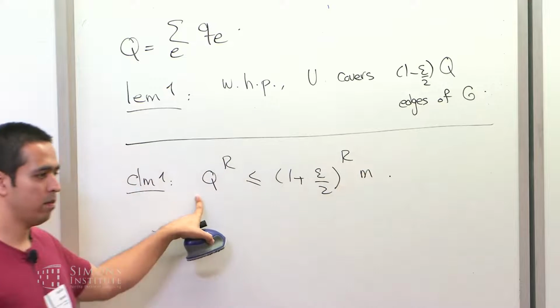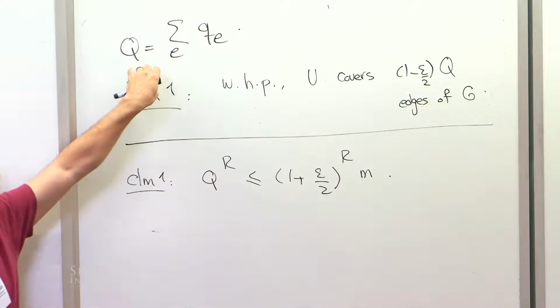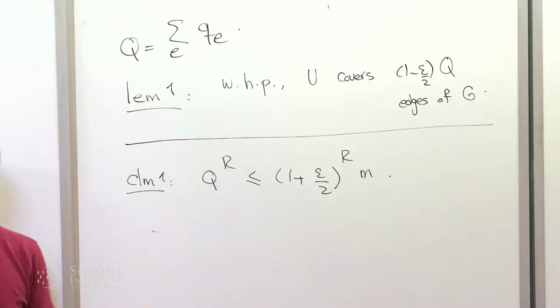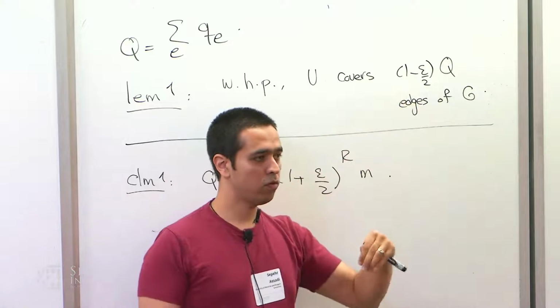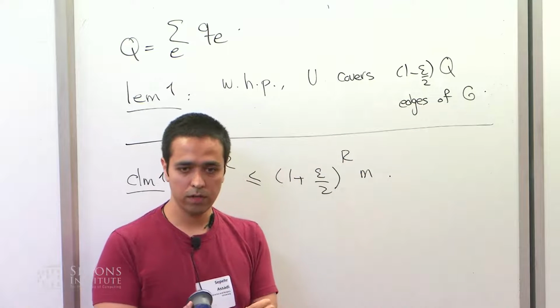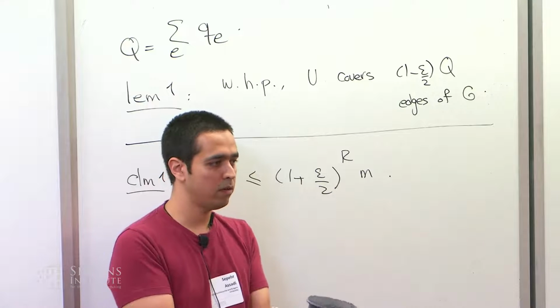If you do this process, this is going to do something very similar to multiplicative weights, using Q as our objective, as your potential function. The total weights are going to increase very slowly. Why? Because only epsilon over 2Q edges are not covered. Those are the ones that you double the weights of. Everything else, you keep the weights the same.